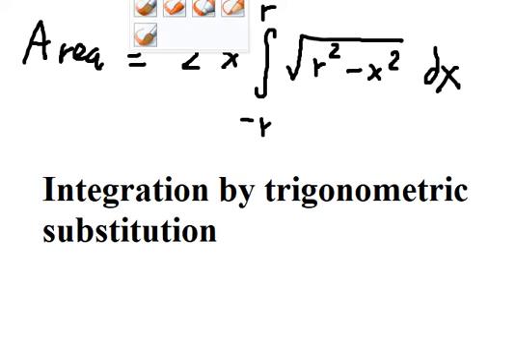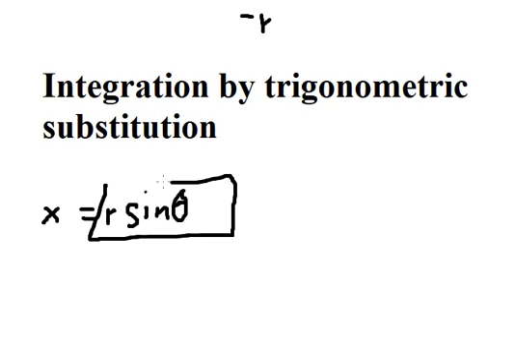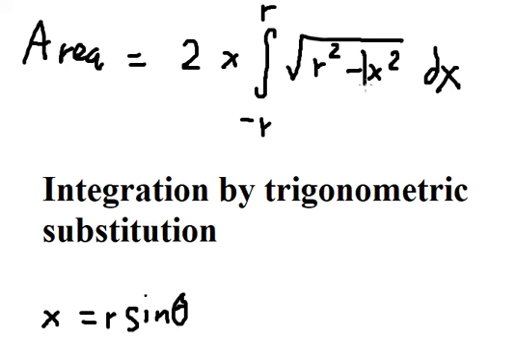So I will put s equals to r sine theta. Because if I put this one go in here, we have r square sine theta square, r square and r square.